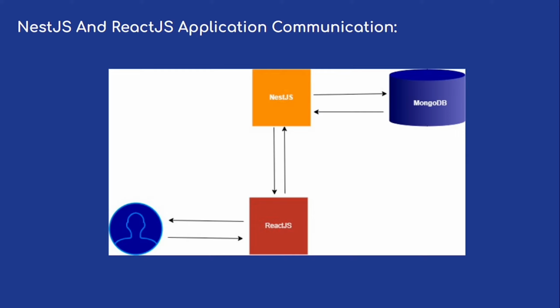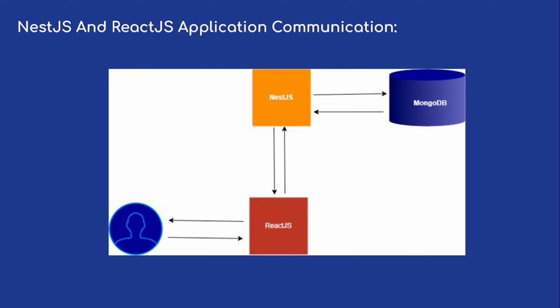Okay, to display the content inside of the website running on the browser, React.js invokes HTTP calls to our backend server, which is nothing but Nest.js. On receiving the request from the React.js application, Nest.js will communicate with the MongoDB database, fetch the data and return that response as a JSON object to the React.js application.